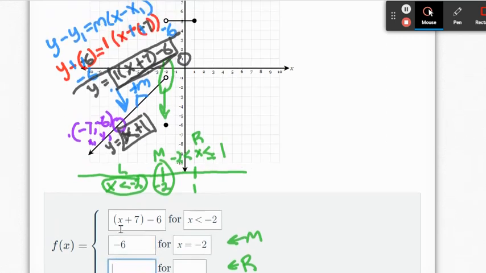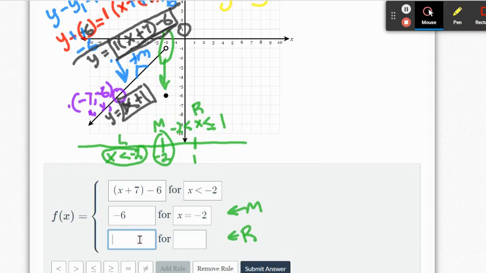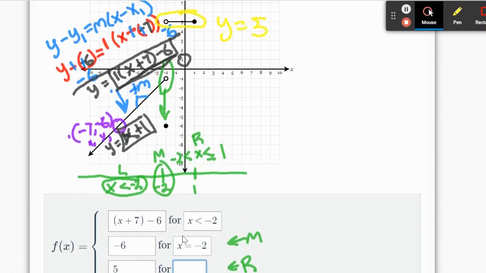Finally, I have an interval of a constant y height. So this y height here of 5, y equals 5, I put 5 as the output. That's the equation, 5. And I do that on the interval, on its domain, from -2 to 1.